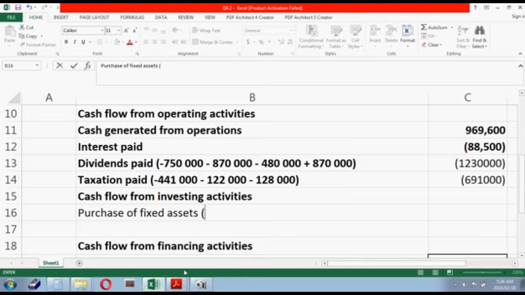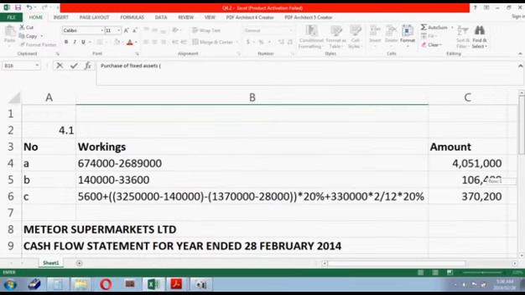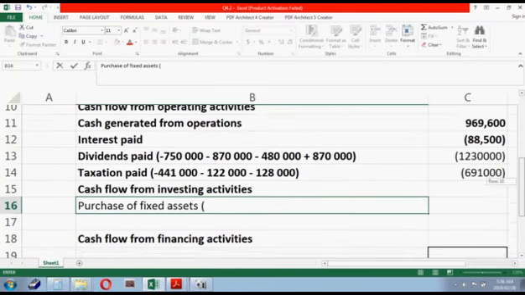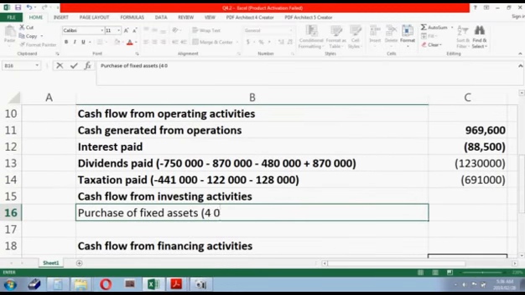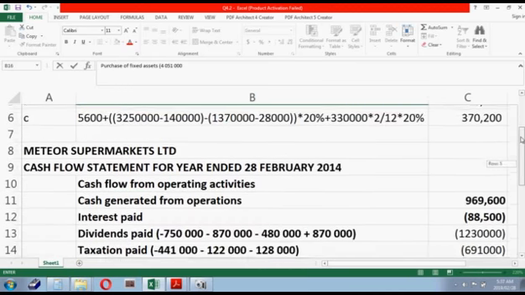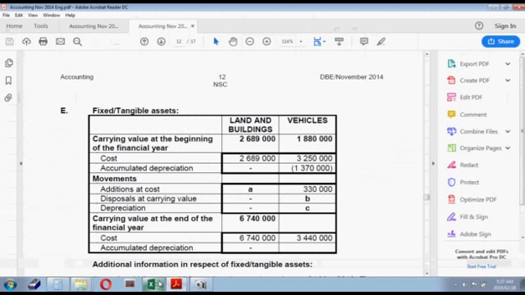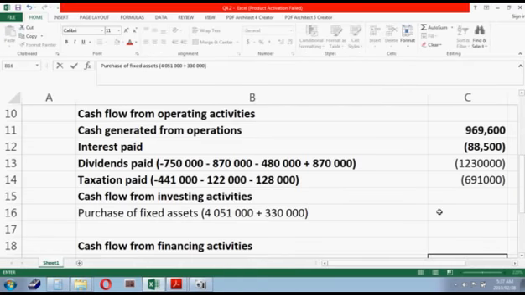So we have the 4,051,000, and then we still have the 330,000 rand as reflected for vehicles.